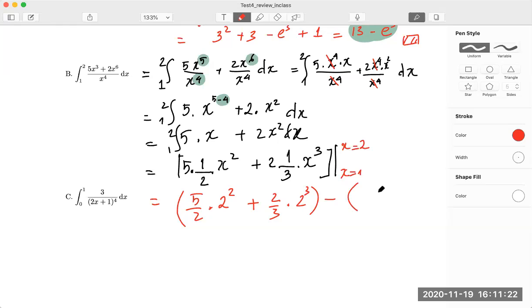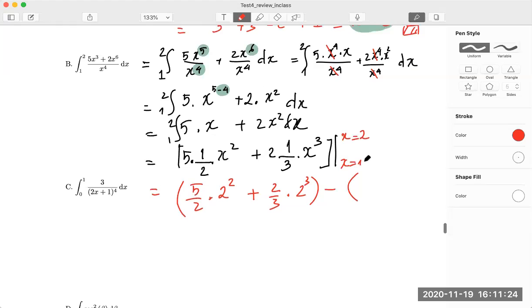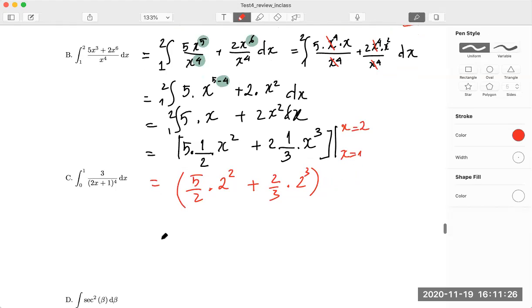Subtract the evaluation at the lower bound, right? And it will be 5 over 2 times 1 squared plus 2 over 3 times 1 cubed.